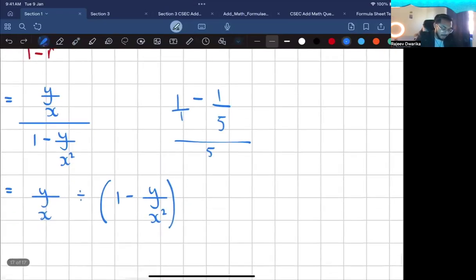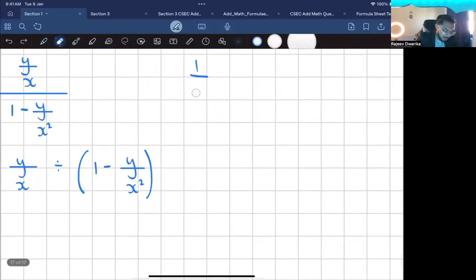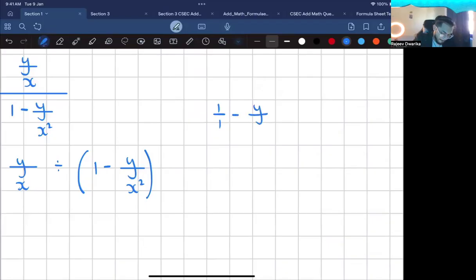So we're going to go aside and find the LCM of that. Kiera, what is the LCM between 1 and x squared? X squared. Right? X squared minus 1.